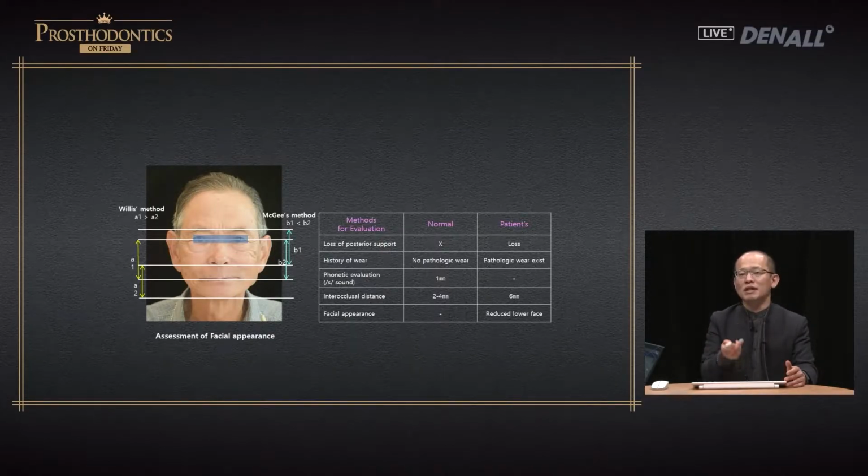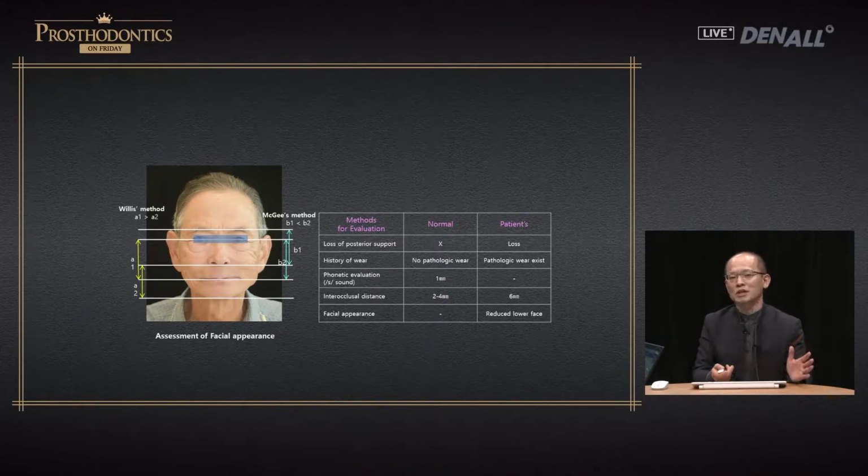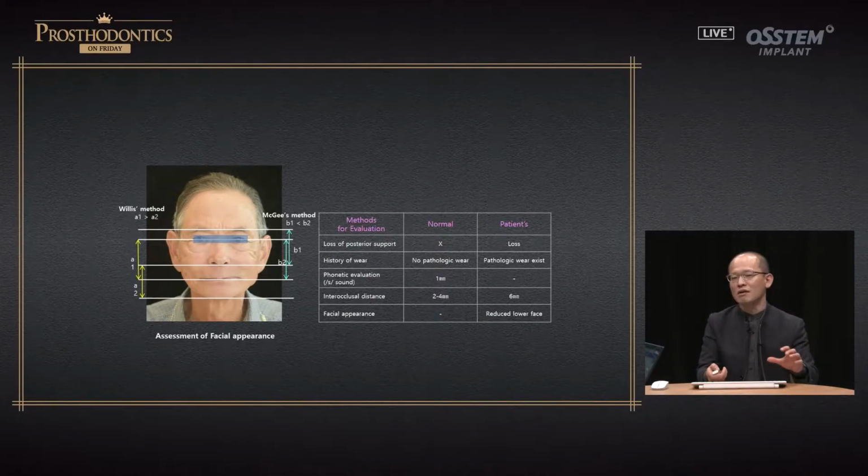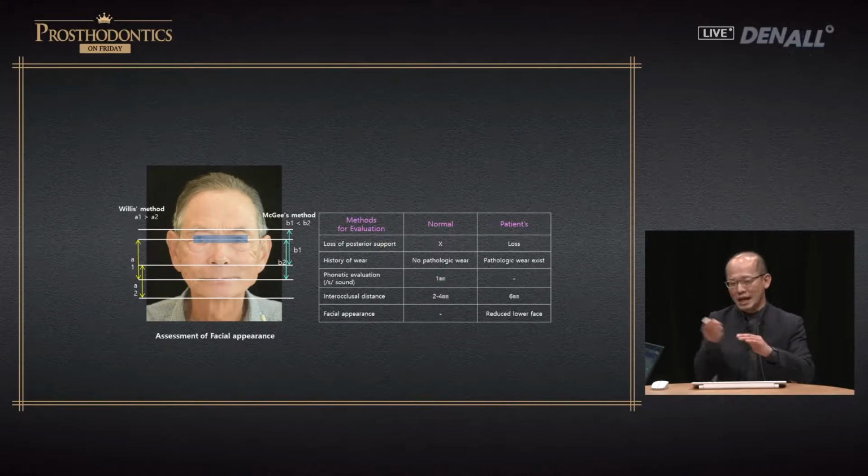Rather than looking at what is normal or not from that perspective, what I would like to say is, firstly, the VD needs to be aesthetic, and secondly, the VD needs to be comfortable for the patient. If you focus on the two, it will be good. So how much of an increase? The minimum might be good, but in terms of rehabilitation or long term, the minimum might not be good because of the wear.